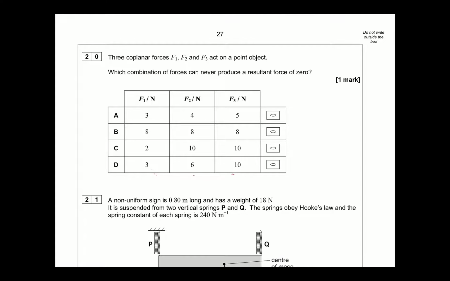Whereas you can put 2 and 10 at different angles so that the horizontal components cancel out, but you can never get 3 and 6 to ever add up to 10. So it's got to be D.